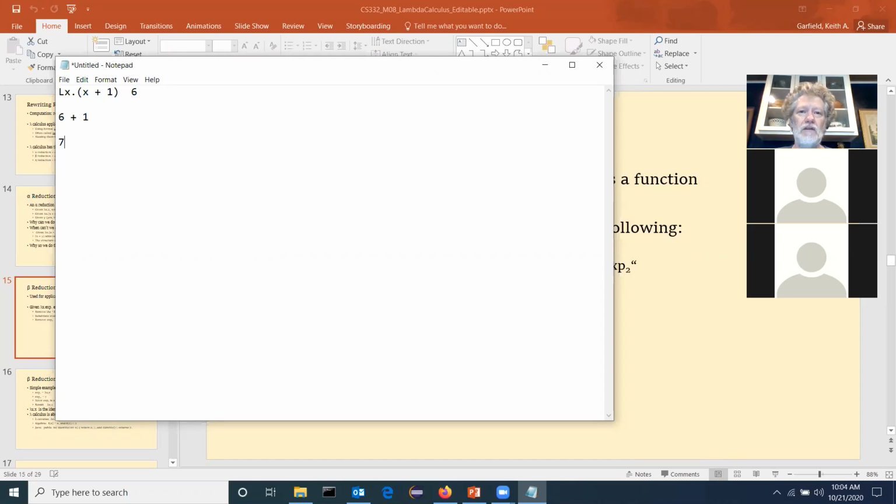If you are applying a function to an expression, an operator to an operand, you can use the beta rule to get rid of the lambda x dot and then replace every occurrence of the x, or whatever variable you have, with that expression. Here, the expression happened to be 6.